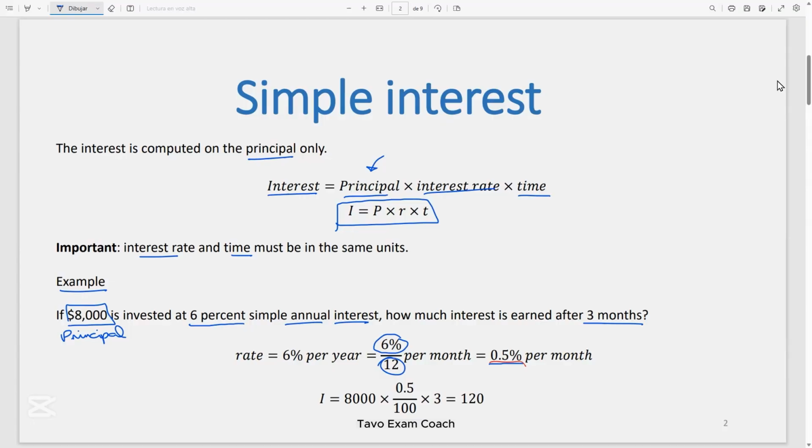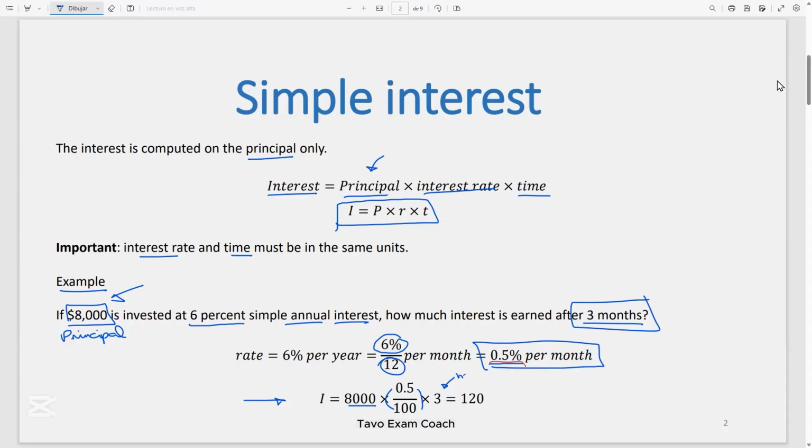Using this modified rate, the duration of the investment, and the principal, we can input these values in the formula. The interest earned would be the product of 8,000 times the interest rate expressed as a percent, that is 0.5 over 100, times the duration of the investment in months.